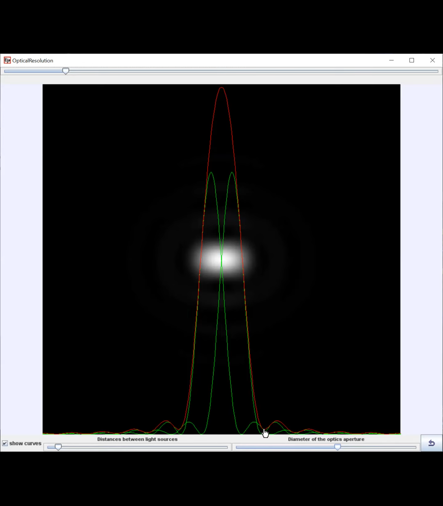It maybe doesn't drop down all the way to 0 here at the first minimum, but you'd have a hard time telling that there were two objects. You might actually mistake it for a single oval-shaped object, and some astronomical objects are shaped like ovals.